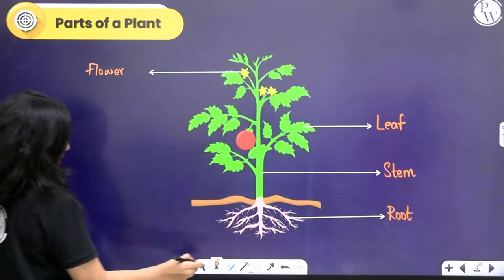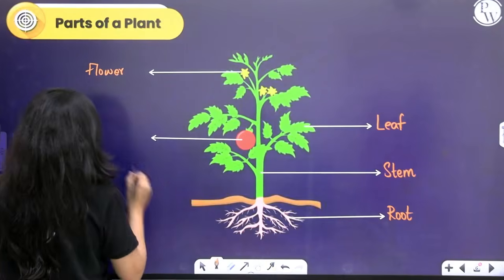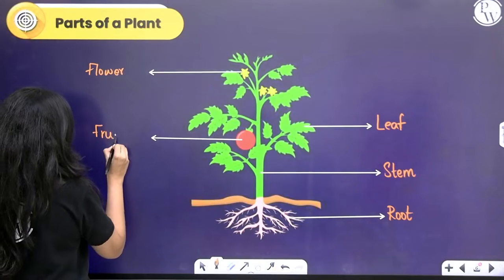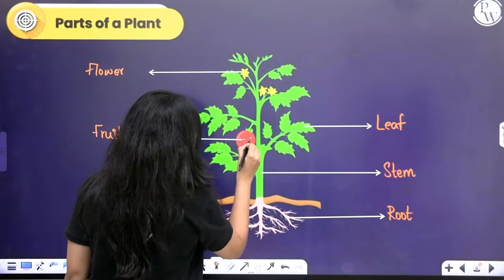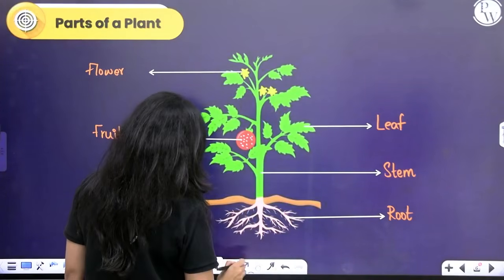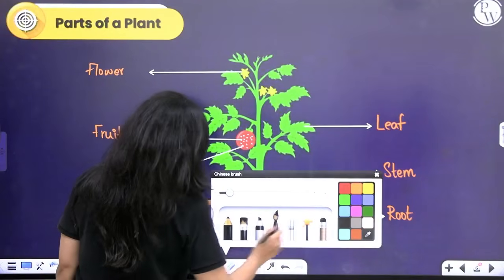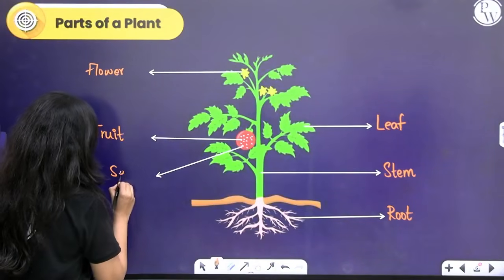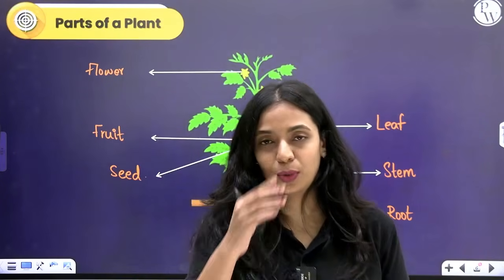Flower after sexual reproduction will transform into the fruit. And within the fruit, you can find the presence of seeds. So these are the 6 different parts of a plant that you are aware of.